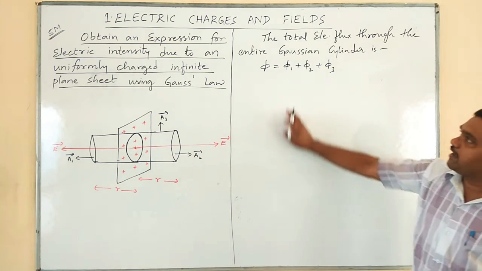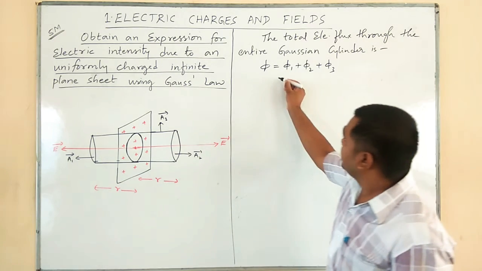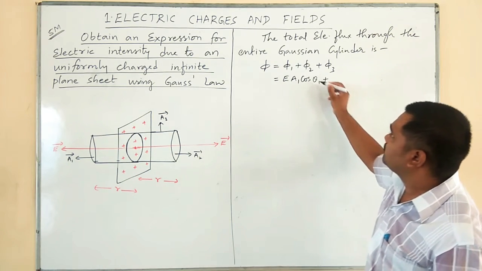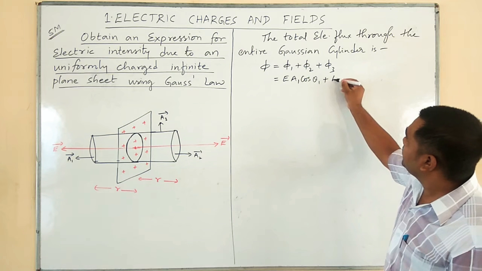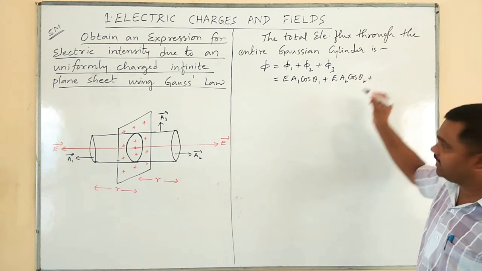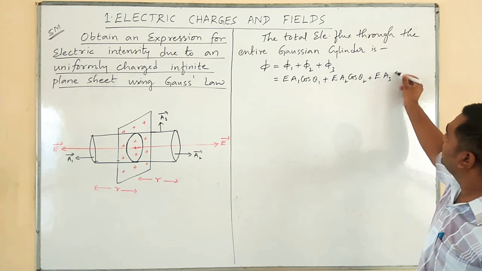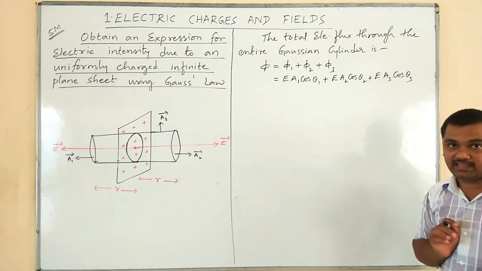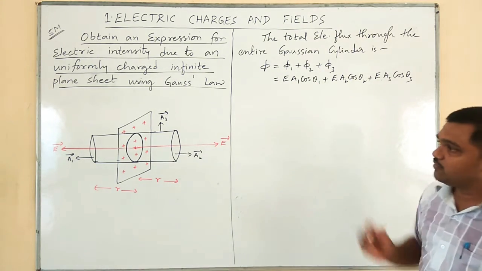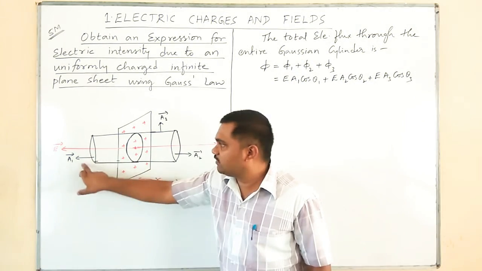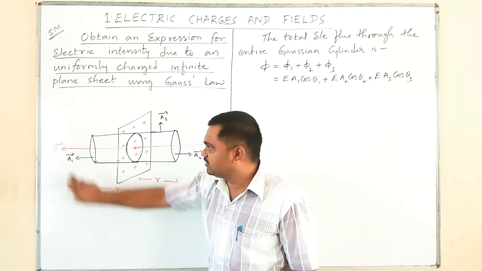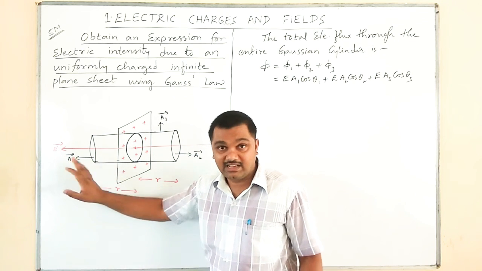What is the expansion form? Phi 1 is simply E A1 cos theta 1, plus similarly phi 2 is E A2 cos theta 2, plus phi 3 is E A3 cos theta 3. What is the angle between E and A1, that is theta 1? Take a look. Both E and A1 are along the same direction. Therefore, the angle between E and A1 is 0.